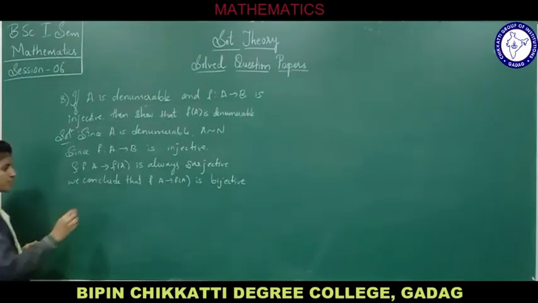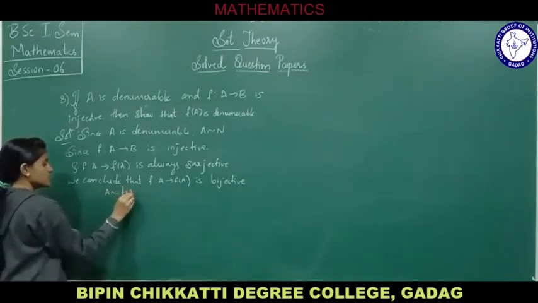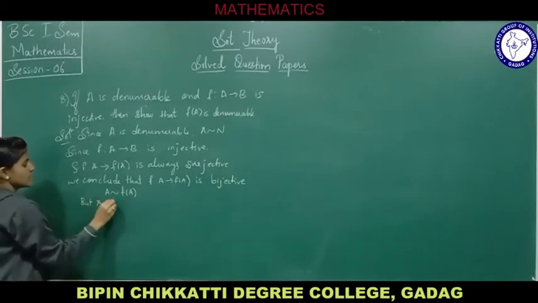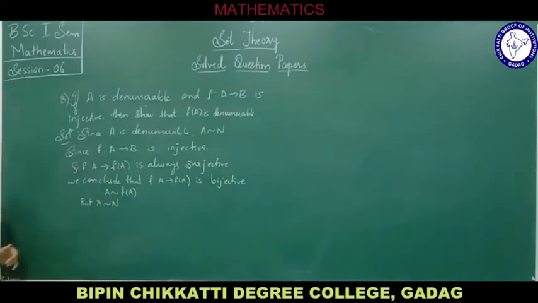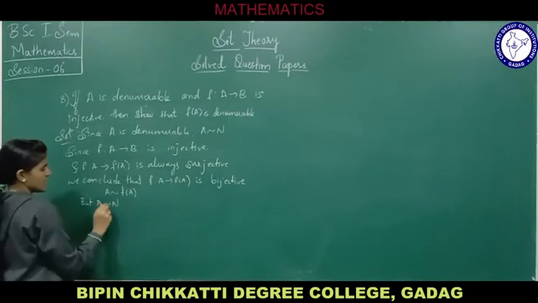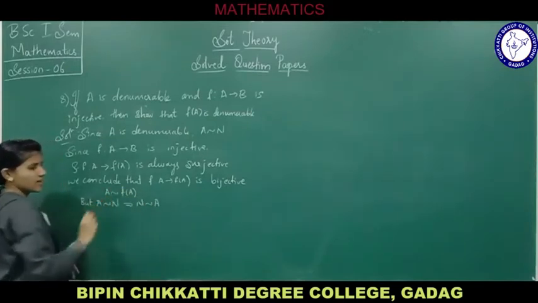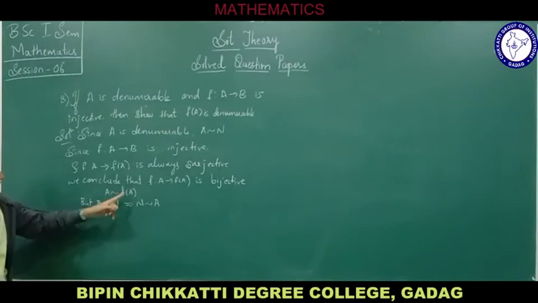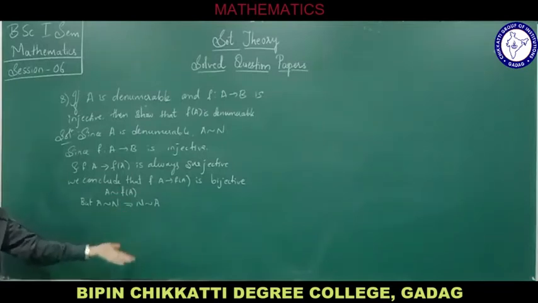So if it is bijective, therefore A is equivalent to f of A. But we know that A is equivalent to N. This implies that N is equivalent to A. We know that A is equivalent to f of A and N is equivalent to A. Then obviously f of A should be equivalent to N, right? That is what we are going to write now.